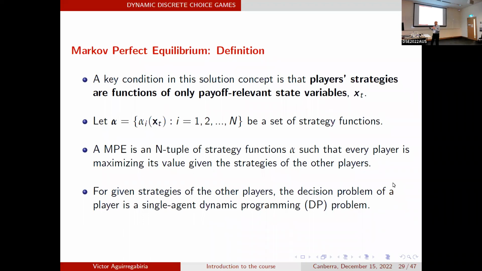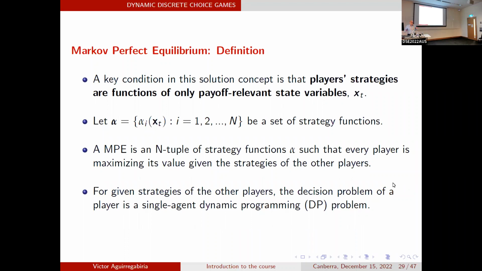That is, variables that affect their own profits, or the profits of other firms at period t, or that help to predict their own future profits or the future profits of other firms in the market. Either they affect today's profit or future profit. Okay, but they are not going to condition on state variables that are not payoff relevant. And this is a key condition of the Markov perfect equilibrium.